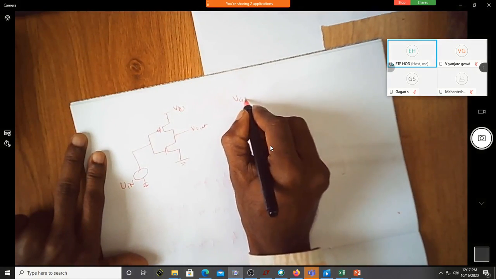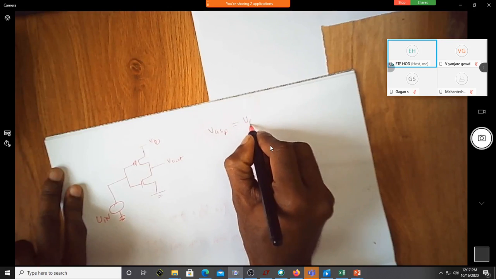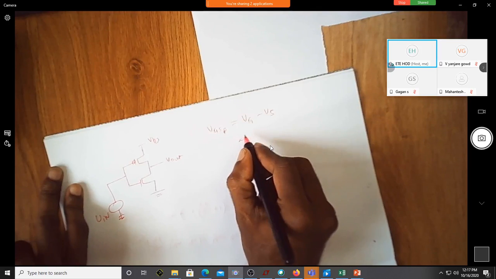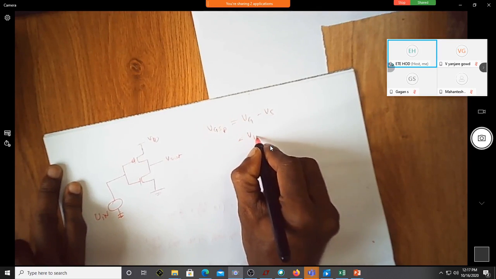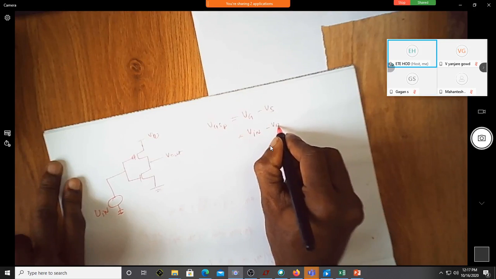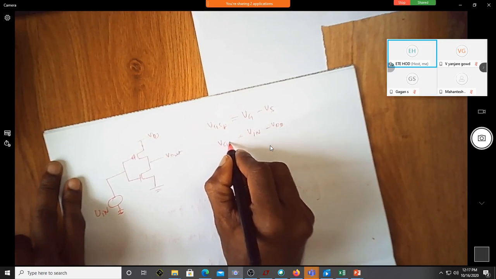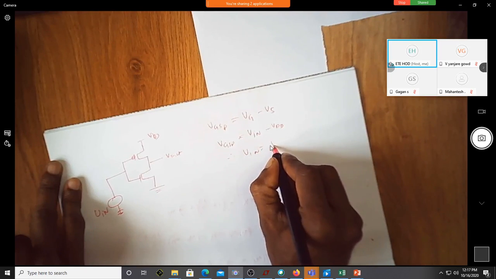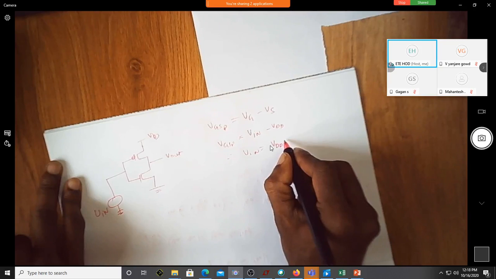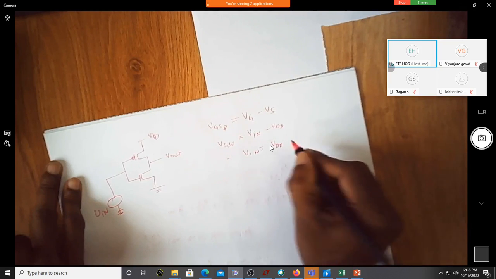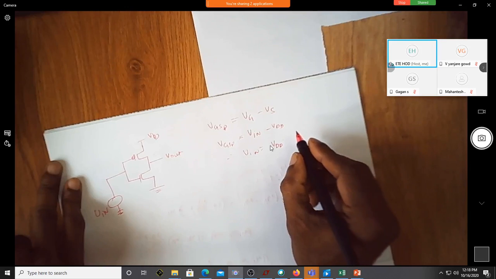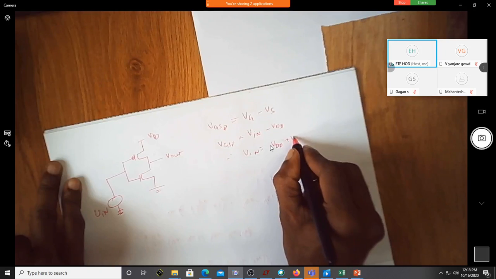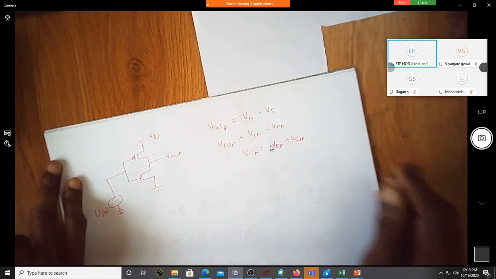What is VGS of P? This is nothing but VG minus VS for P. So VG for P is V in and VS is VDD. So this is VGS of P. Naturally, V in is equal to VDD plus VGS of P, correct?